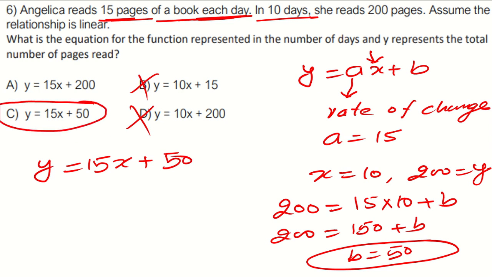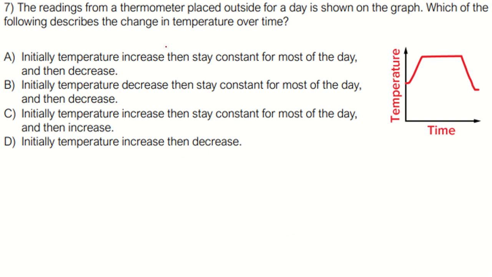Okay. Now, let's talk about this graph. The readings from a thermometer placed outside for a day are shown in the graph. Which of the following describes the change in the temperature over time? You see, temperature is taken on the y-axis and time is taken on the x-axis. Now you can see, firstly, temperature is going up.